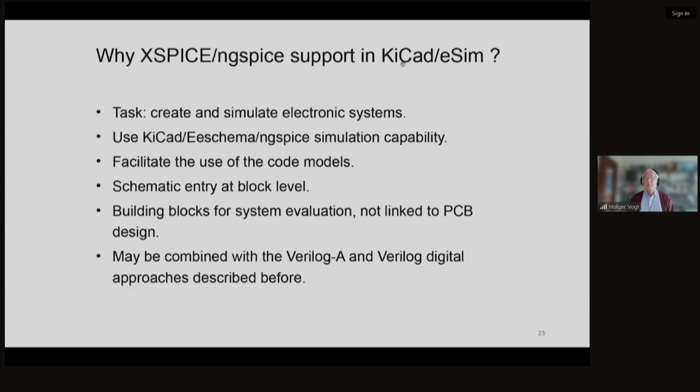And it's supported with both KiCad and eSim. You can do system simulation with these blocks, and you have the co-simulation capability facilitated by the use of these code models. The schematic entry may be at block level and may be combined with Verilog-A and Verilog digital. So you have a huge capability of simulating whatever you want.